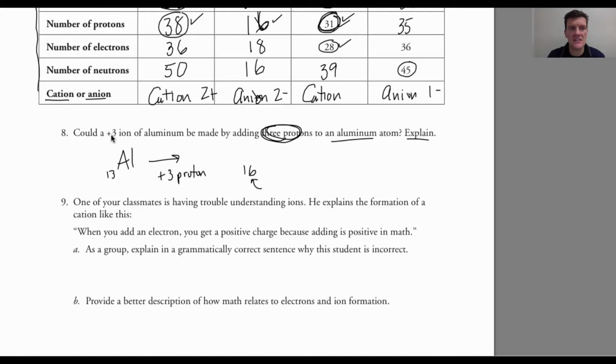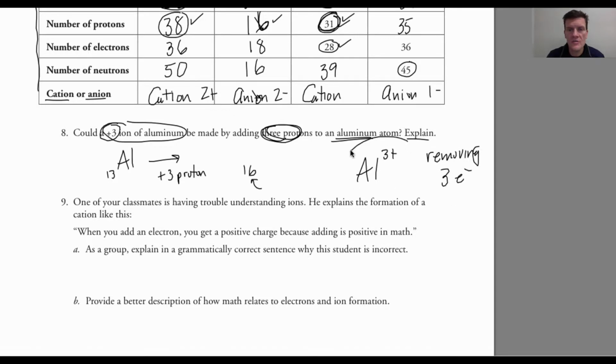So it's asking, can you make a 3+ ion of aluminum by taking a neutral aluminum and adding 3 protons? No, that's not how you get a charged ion of aluminum. The way you get Al3+ is by removing 3 negative electrons.